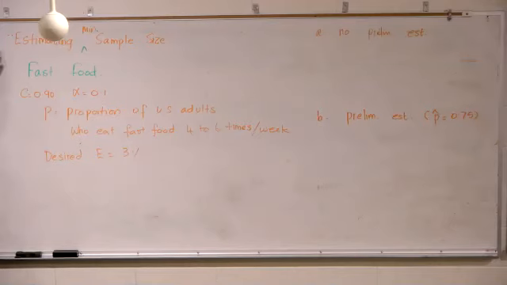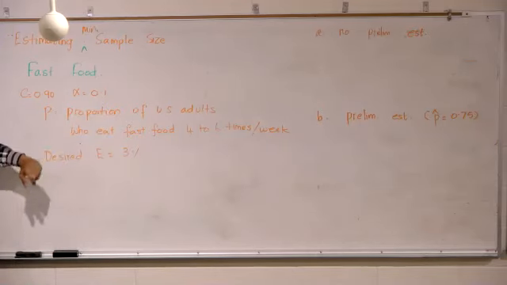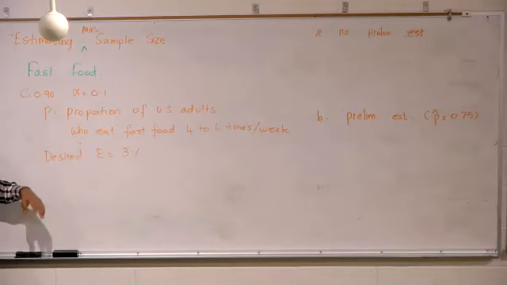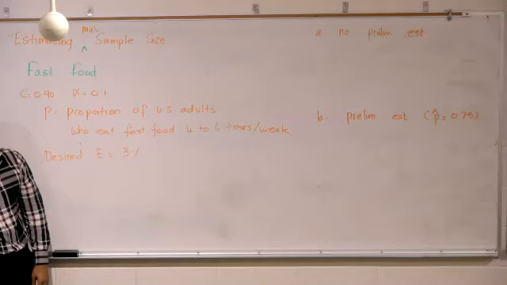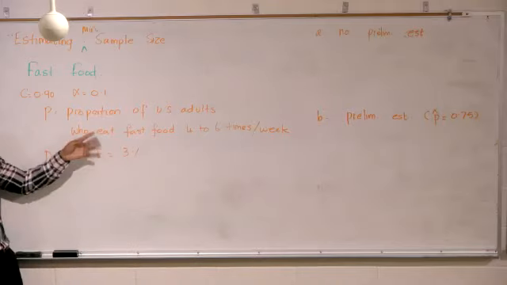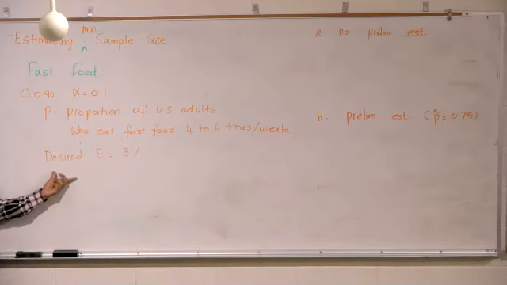We want to estimate the minimum sample size for a study that's going to analyze the proportion of US adults who eat fast food 4 to 6 times per week. What is the success event? US adults who eat fast food 4 to 6 times per week. The desired margin of error is 3%.